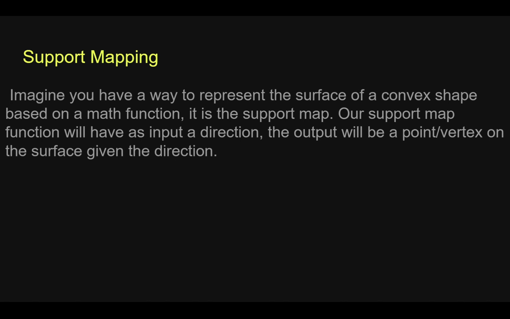It's a way of representing a convex shape with a mathematical function. It's parametric. The output is basically a vertex or a point on the surface, given a direction. It's a form of representing a convex shape using a parametric function, where the output is a point on the surface given a direction.